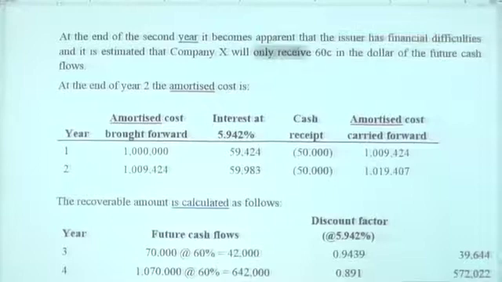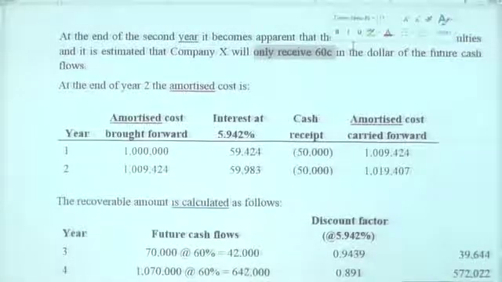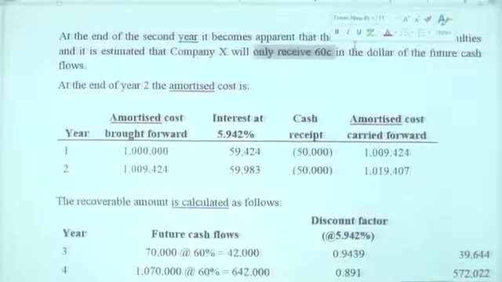You will be able to collect only 60 cents from $1, that is 60%. Is that clear? 60 cents because per dollar you have 100 cents, right? Therefore, when you collect 60 cents from $1 means you will be able to collect only 60%, right? Okay, let's take this again.